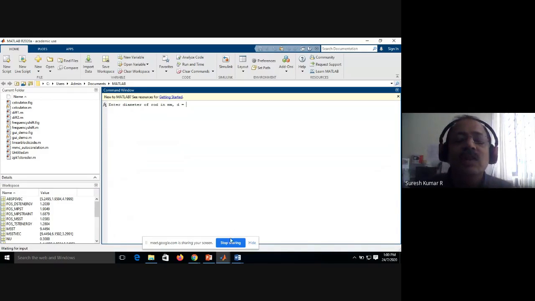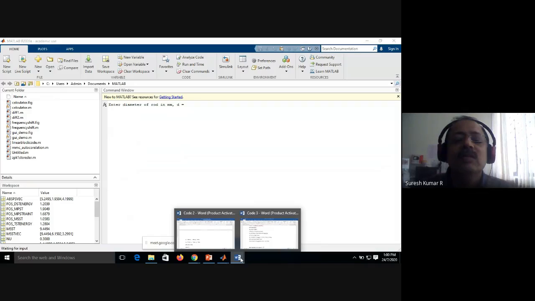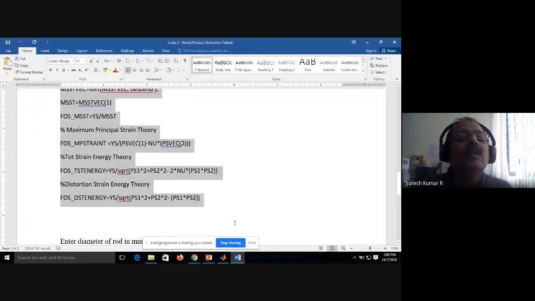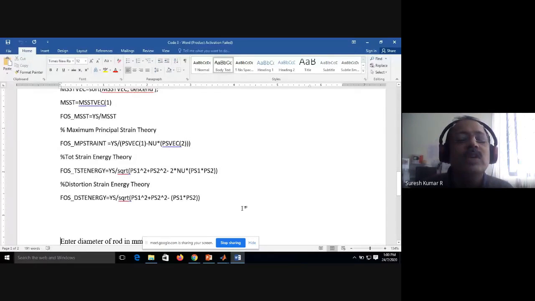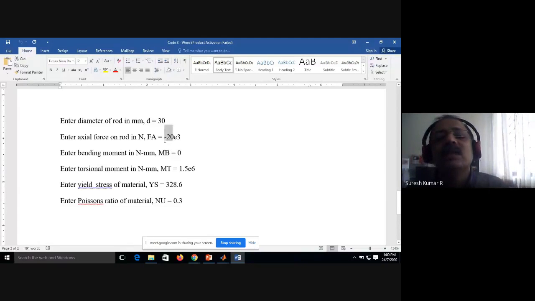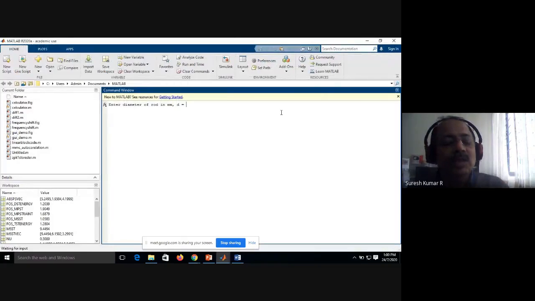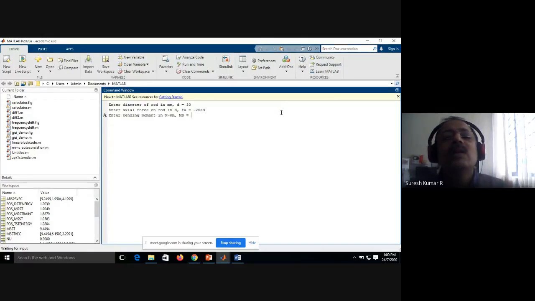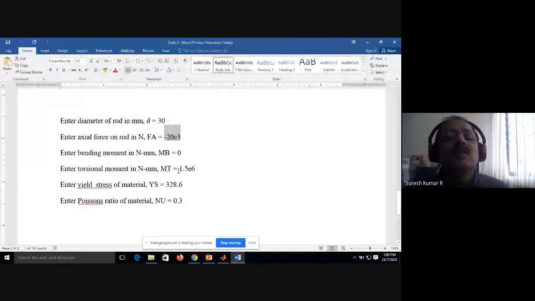It is asking for the diameter now. I can put the diameter. Diameter is 30. This is the axial load given in the question. So D is 30, then the axial load. Bending load we have taken as 0, right? Then the torsional load is so much.